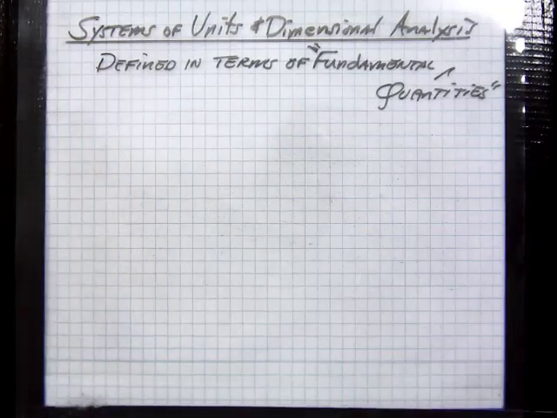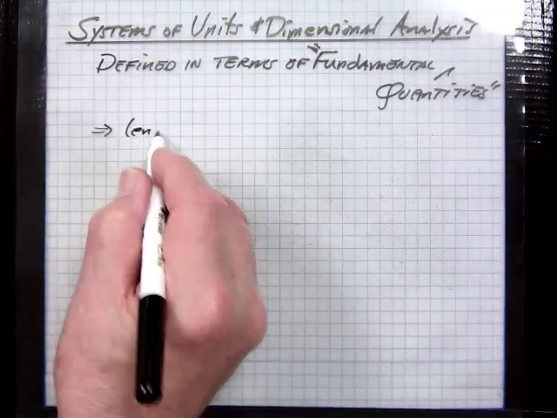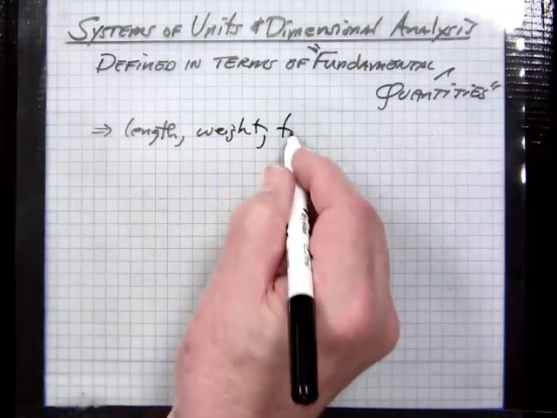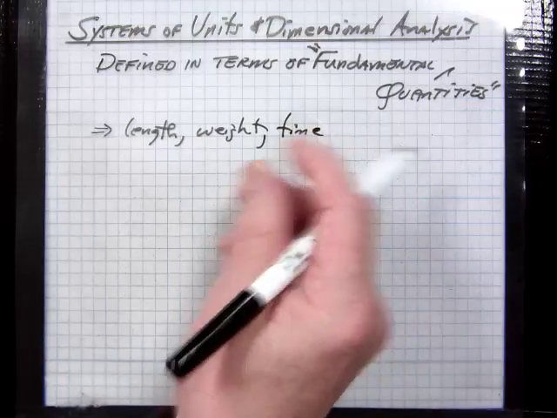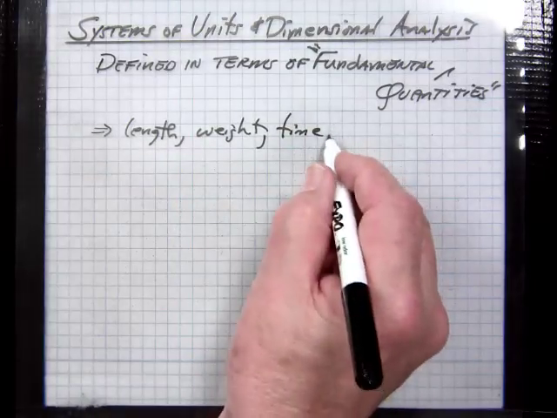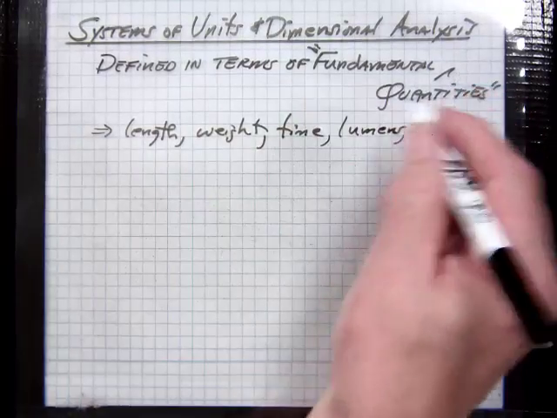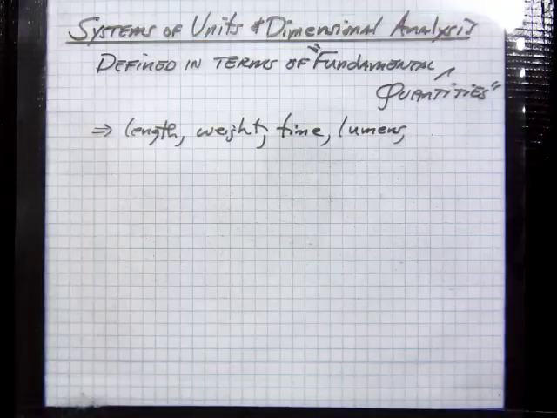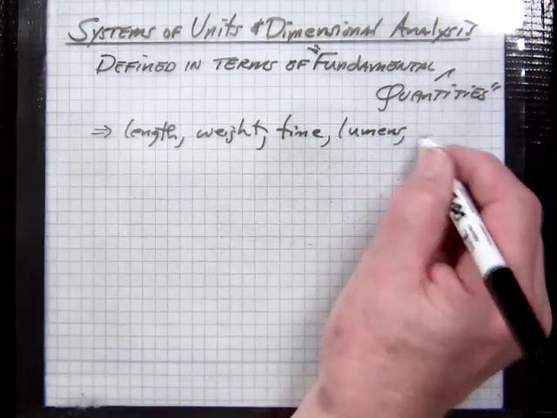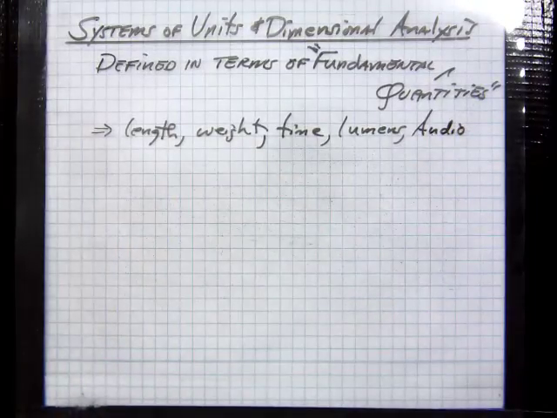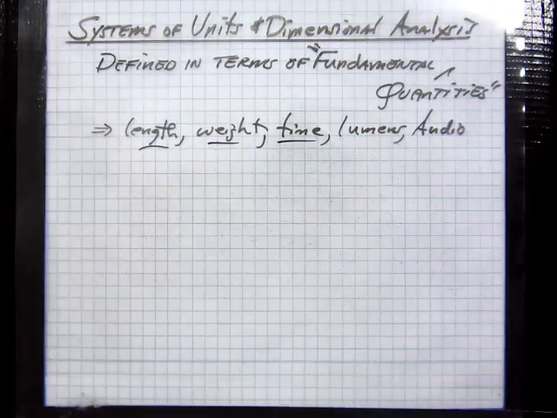And length, weight, and time are the most common. But of course, we have other fundamental quantities, lumens, acoustic levels of sound, audio. But anyway, I think there are about 7. But we are interested in these 3.